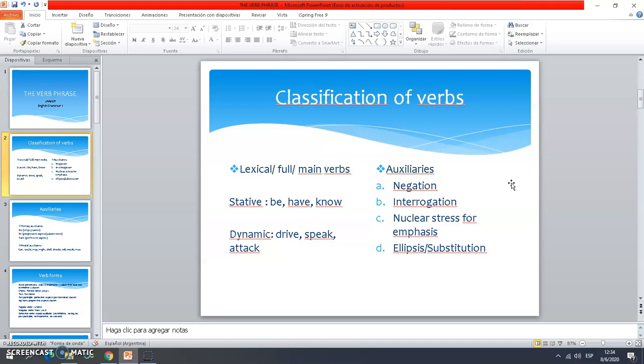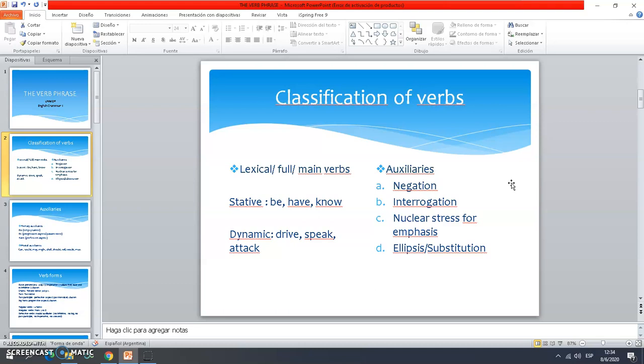When do we use auxiliaries? Well, we use auxiliaries for negation. Not is inserted immediately after the auxiliary. I cannot swim, or I have not seen that, and I don't like coffee.